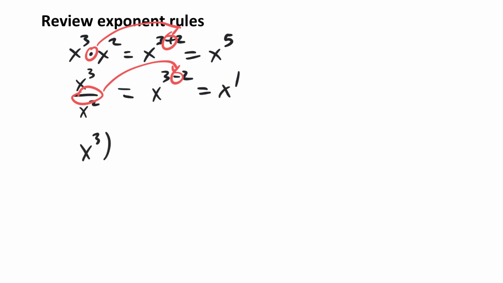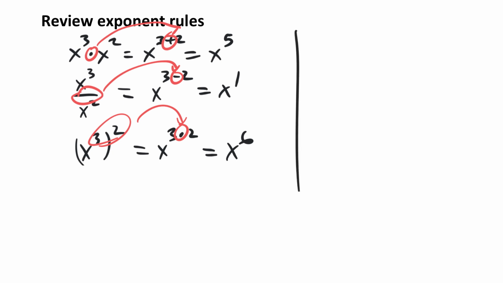If you had x to the 3 to the power of 2, that's going to become x to the 3 times 2, or x to the 6, because if you have power to a power, that becomes multiplication. You've got to watch for those exponent rules because they're going to be showing up here in our simplification. The same thing we've already been doing, right?